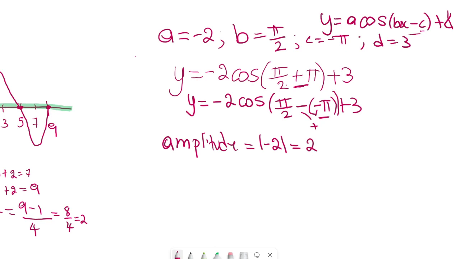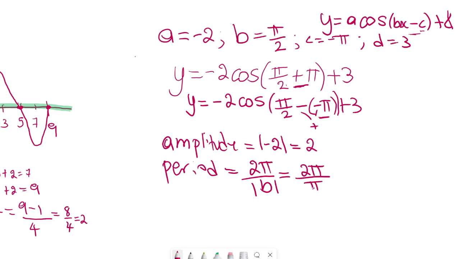All right, now our period for this graph. So the period is going to be equal to 2 pi over the absolute value of B. In this instance, of course, it's going to be 2 pi over pi over 2.